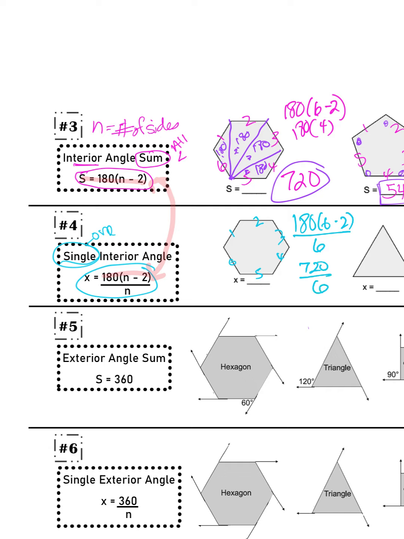And so one interior angle is 120 degrees. So this angle right here is 120. This angle right here is 120. This angle right here is 120. So you get the pattern here. All the interior angles are the same, because we're trying to find one single angle.